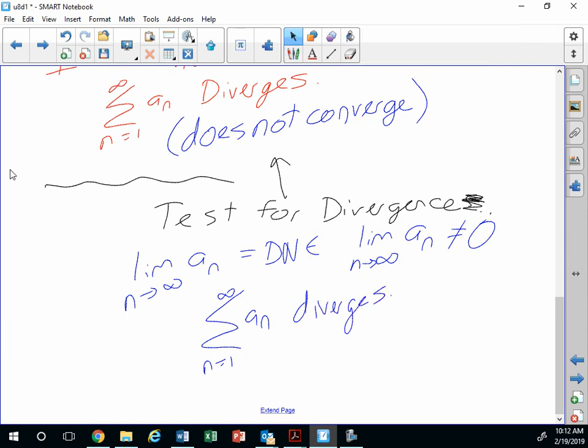If you get that the limit is 0, then you have to do more to see if it converges or not. And we'll talk about that. We have tests to do that. Everyone okay with that?